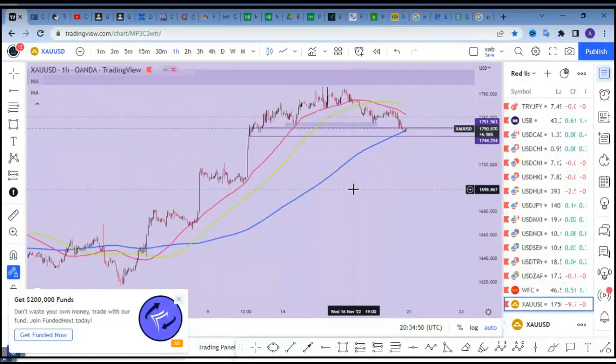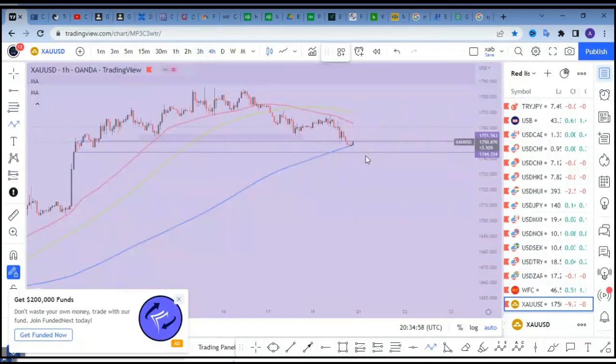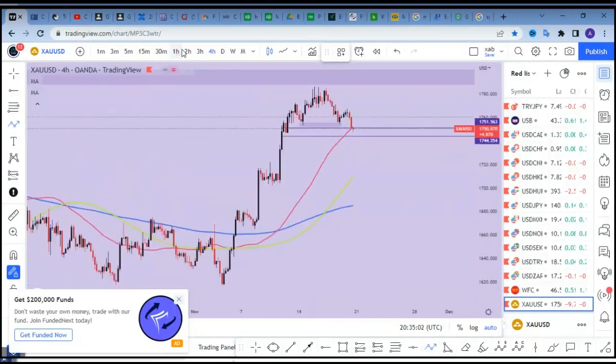And there's that zone there. What I'm naturally expecting is that from that zone, price gives us something interesting to talk about. Let me go back to the 1 hour.